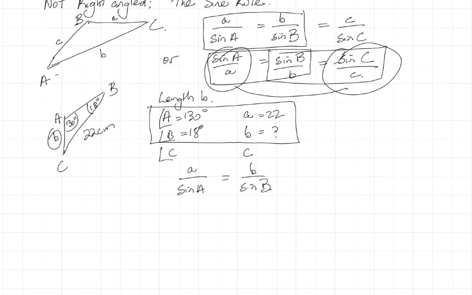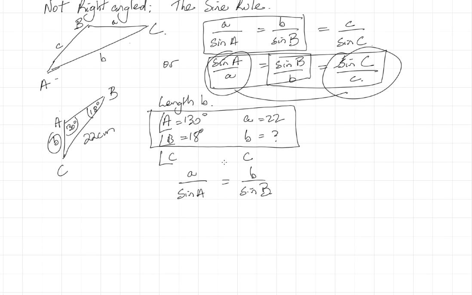What have we got here? We've got A is 22 over sine of 130, equals B, we're trying to find, over sine of B, which is 18 degrees.